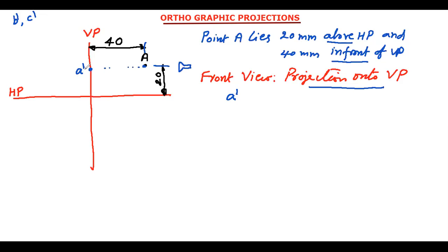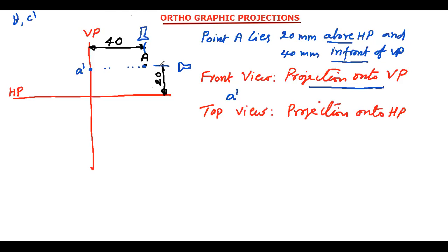Okay, dosto. Then I am going to explain another term, which is top view. What is top view? Projection onto the horizontal plane. If I want the shadow of this point on the horizontal plane, where should I keep the torchlight? I should keep the torchlight somewhere here.